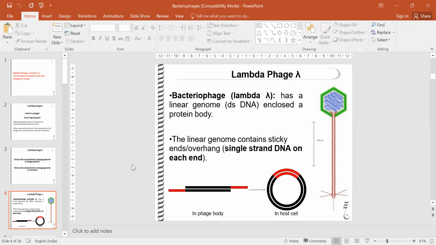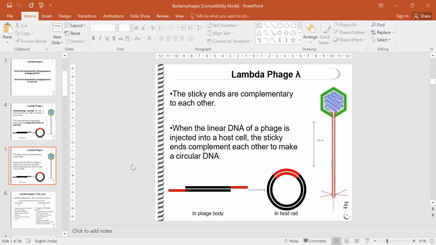But if this phage transfers its genome into the host, then it becomes circular. The sticky ends are complementary to each other, so it is easy to join them. When the linear DNA of the phage is injected into the host cell, the sticky ends complement each other to make a circle. So it is very easy to go from linear to circular.